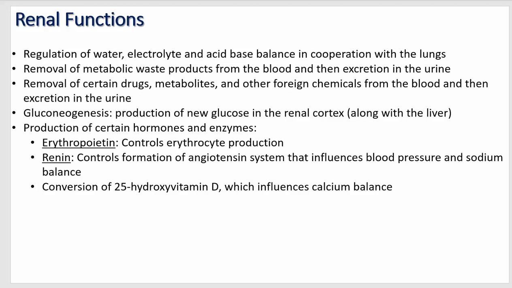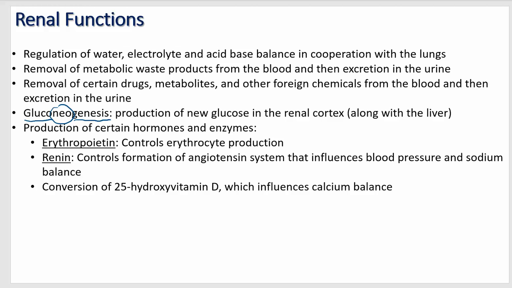So gluco means glucose, neo means new, and genesis means production or creation. So you create new glucose. That's what gluconeogenesis means. So it's production of new glucose in the renal cortex from simpler products.